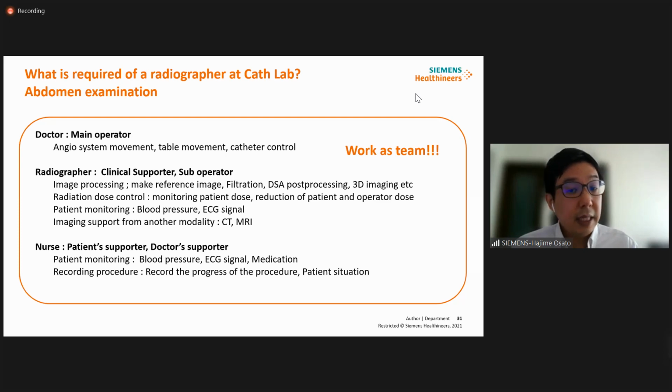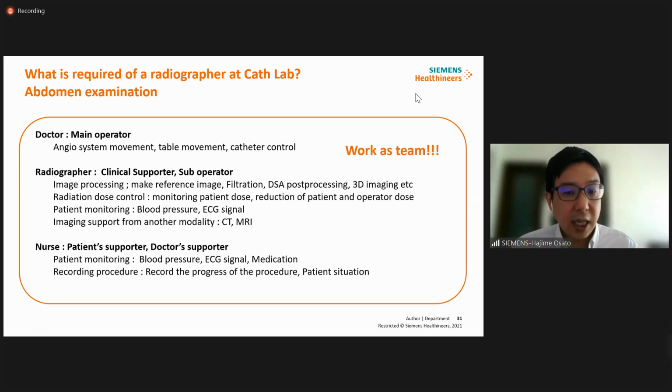And image support is quite important for the abdominal region, like dynamic CT, dynamic liver MRI, and so on. This information is required when depicting feeding artery and tumor.